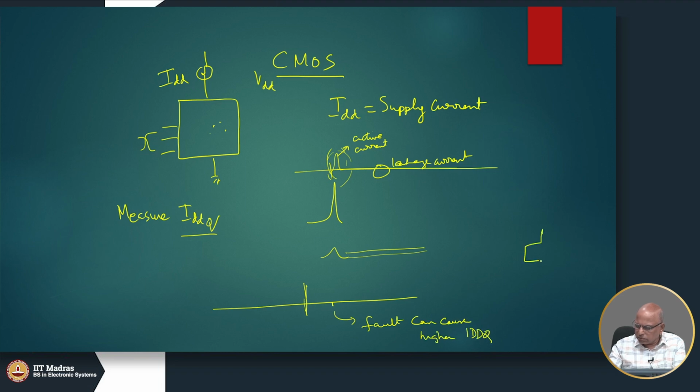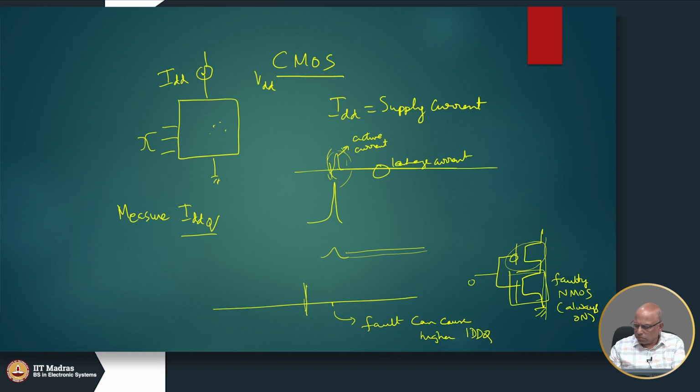So take this example. If this is faulty, that is always on, and we apply a 0, then because it is on and this CMOS also turns on, it will continuously leak.